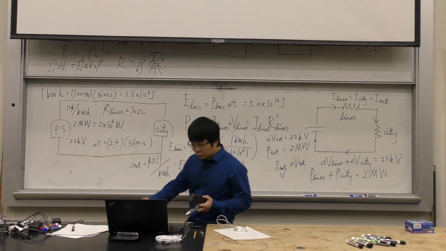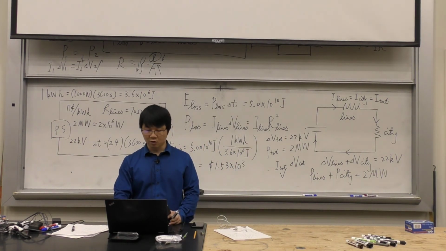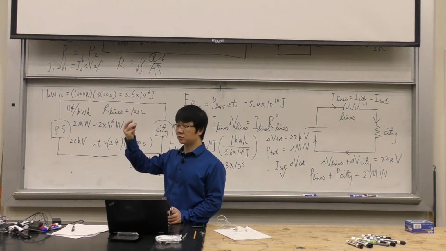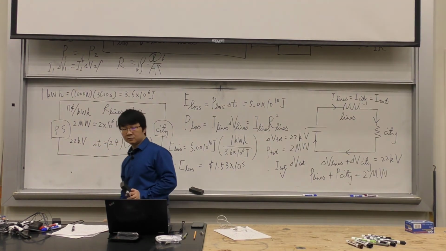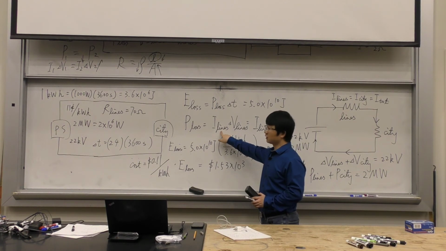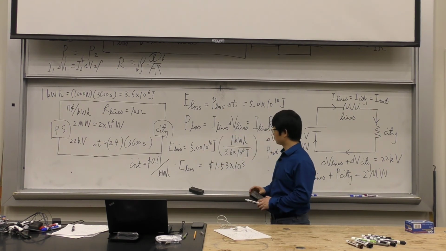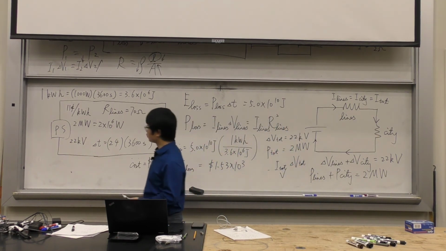So now we're going to see how we can make this better. How can we reduce the cost by using a transformer to raise the voltage from the power station, and then lower the current on these transmission lines, and then reduce the energy loss on these transmission lines, okay? So that's what we're going to do now.